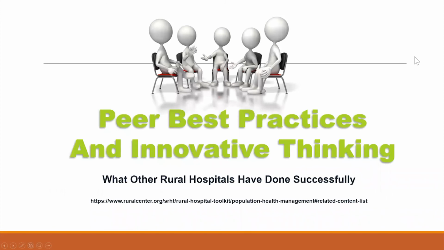And then we want to look at some peer best practices and a little bit of innovative thinking as you are continuing to build this roadmap and build those financial indicators of success. So with that, you'll see a link, a website here. And like I said, the Rural Center has some really good tools and resources out there.